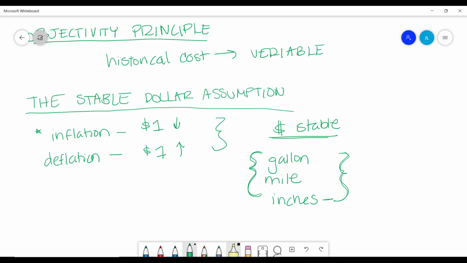But for a lot of it, a dollar is just assumed to be stable. But that's a little bit beyond the scope of this class. Once you get into more advanced accounting classes, that's when you'll take a look at the effects of inflation, deflation, and also currency translations when you're going from one currency to another.